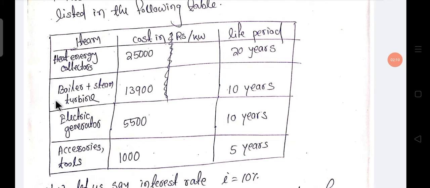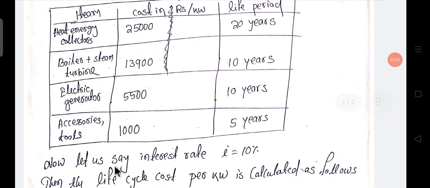Similarly for boiler and steam turbine, 13,900, and the life period is 10 years. Similarly electrical generator and accessories or tools. These are called present worth.